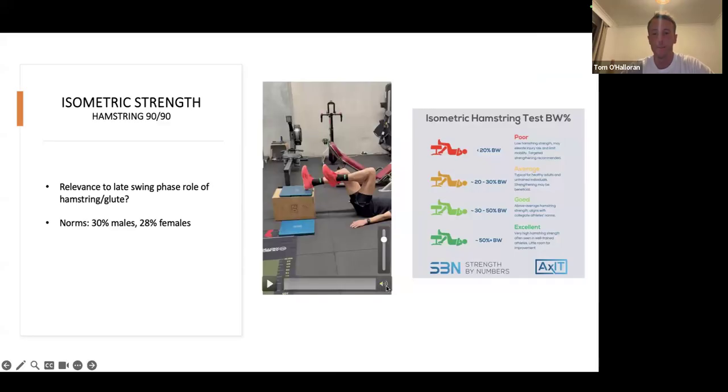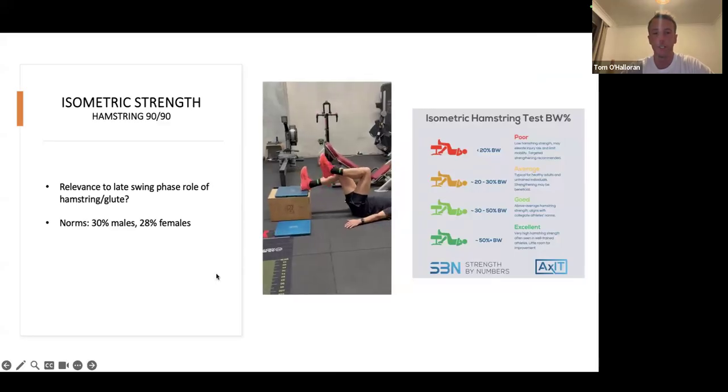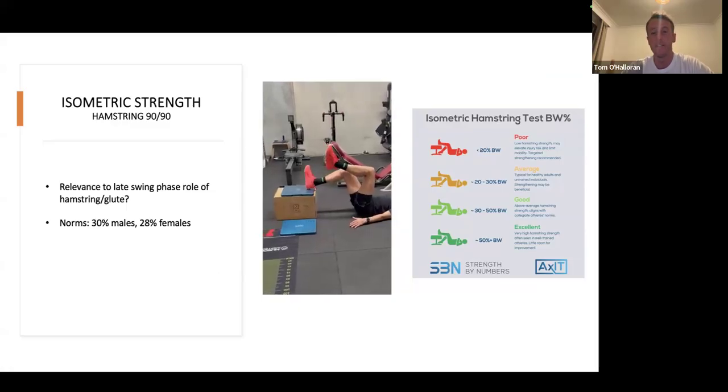For hamstring isometric strength, I'll throw in a hamstring 90-90. Even though there aren't huge loads going through the hamstring during steady running, we often see hamstring tendinopathies, or it changes for uphill running or sprinting. So it's obviously a big muscle group that we commonly see injured.